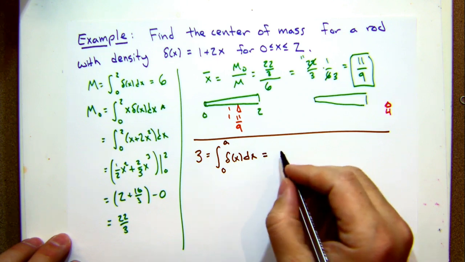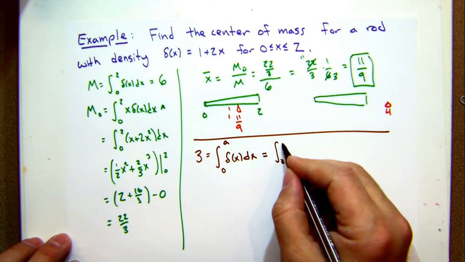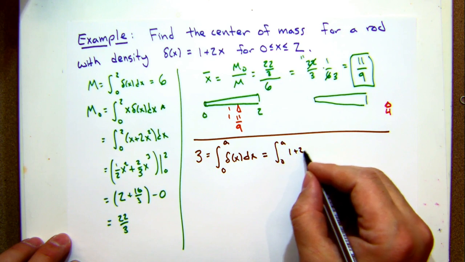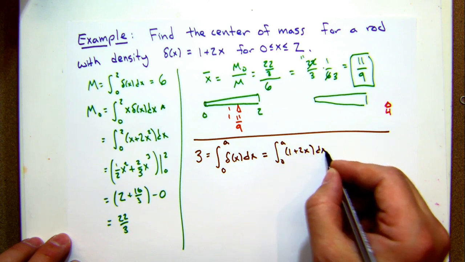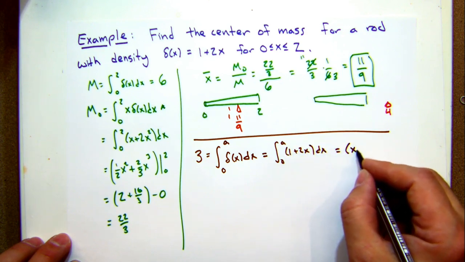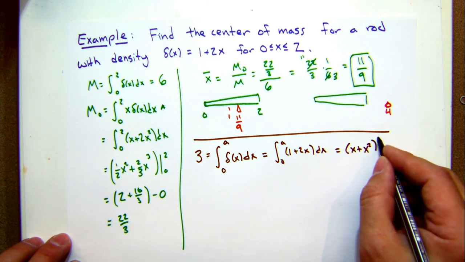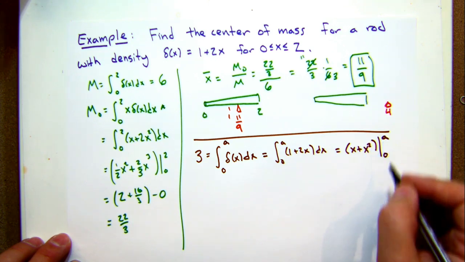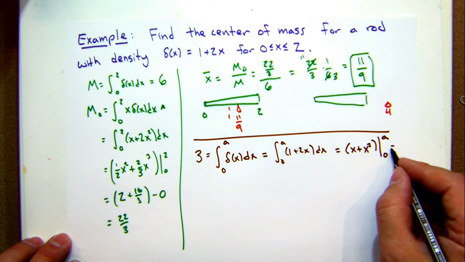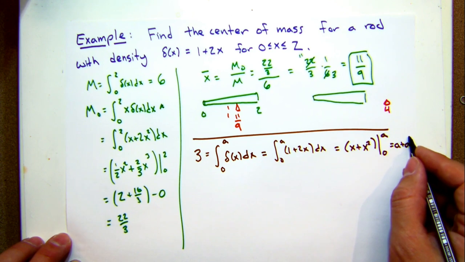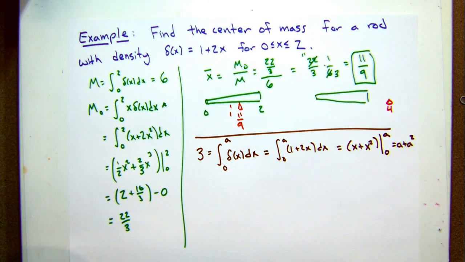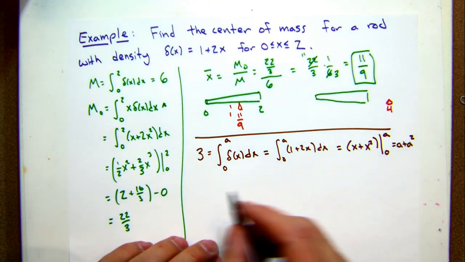Where does 50% of the mass lie? Well, if I want to figure that out, I just do the integral. 0 to A of 1 plus 2x dx, which is x plus x squared evaluated from 0 to A. Well, that's not bad. That's A plus A squared.